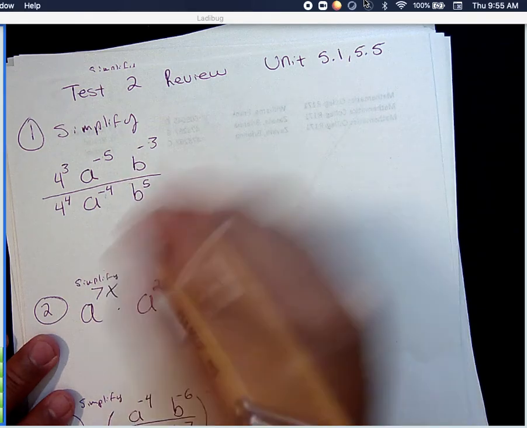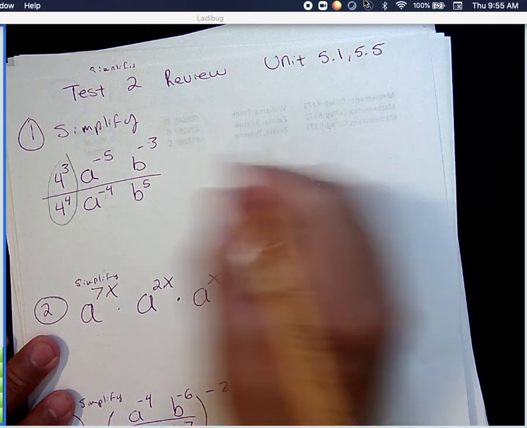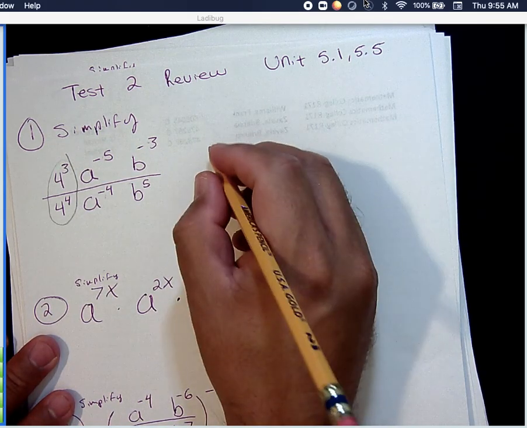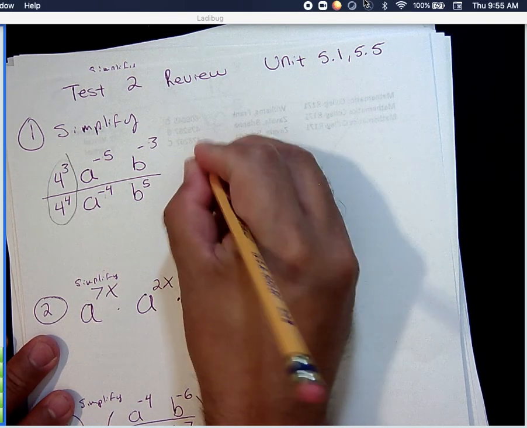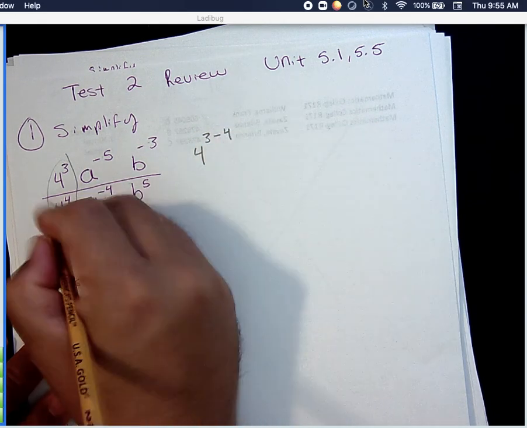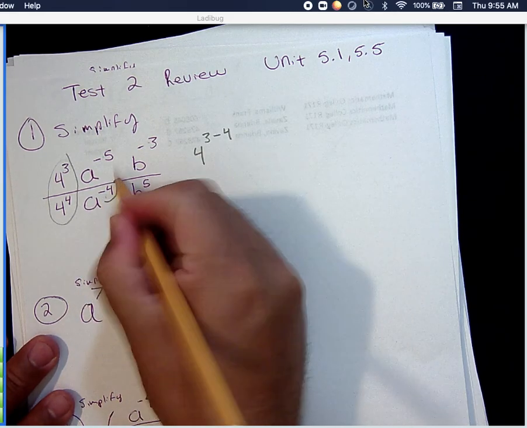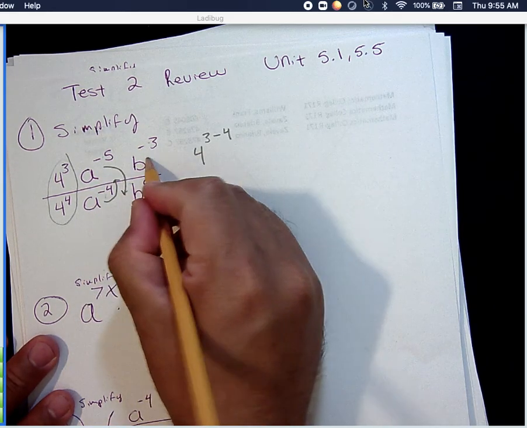Okay. So the first thing you need to do, we need to combine these two, quotient rule. So you subtract the exponents. So you're gonna have 3 minus 4 for this part, and then this one I'm gonna bring it up, and that one I'm gonna bring it down, and this one I'm gonna bring it down.